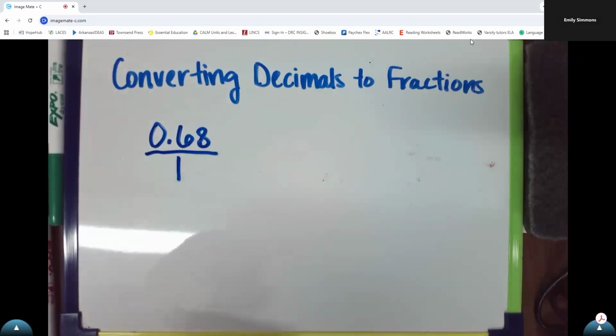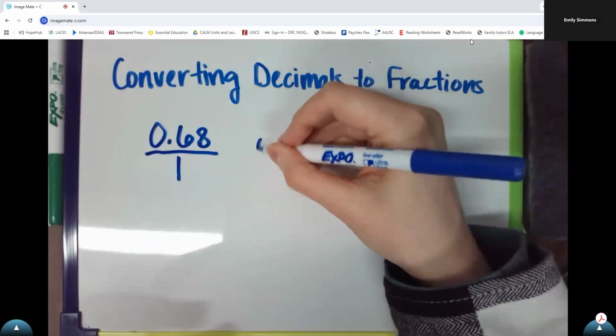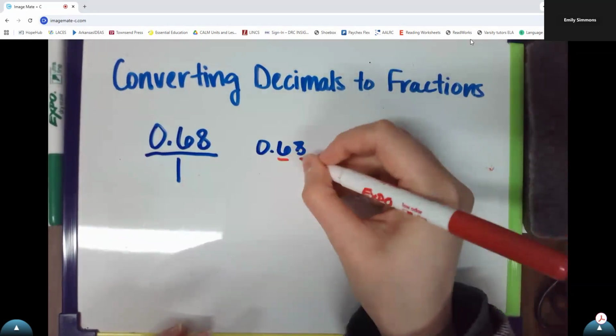Then for every digit after the decimal point, we will multiply by 10. 0.68 has 2 digits after the decimal point.